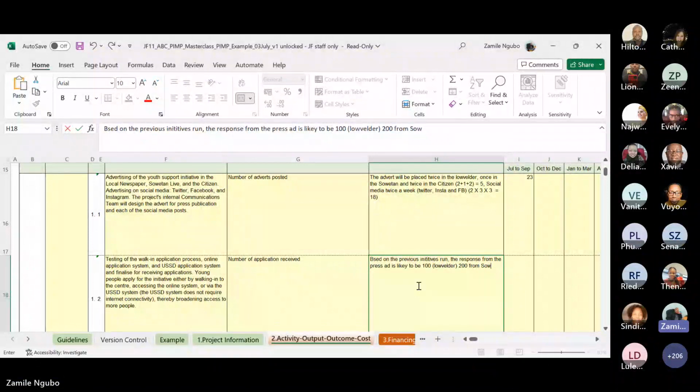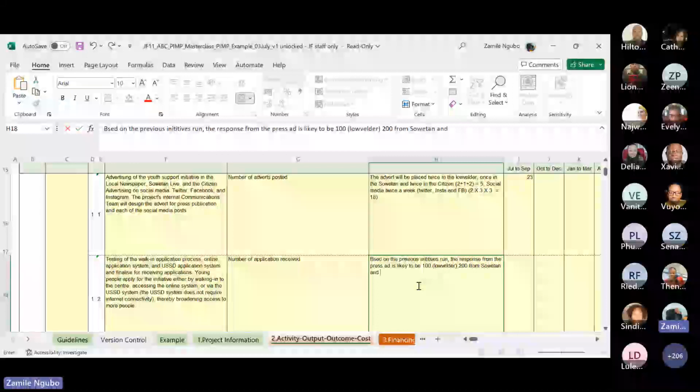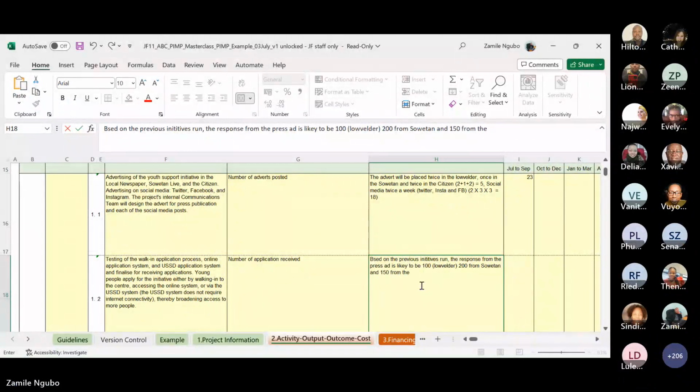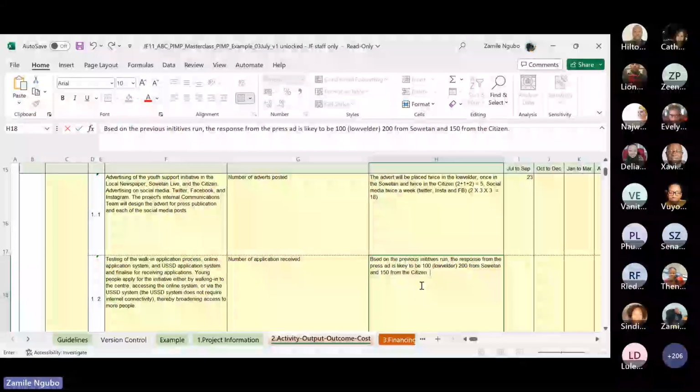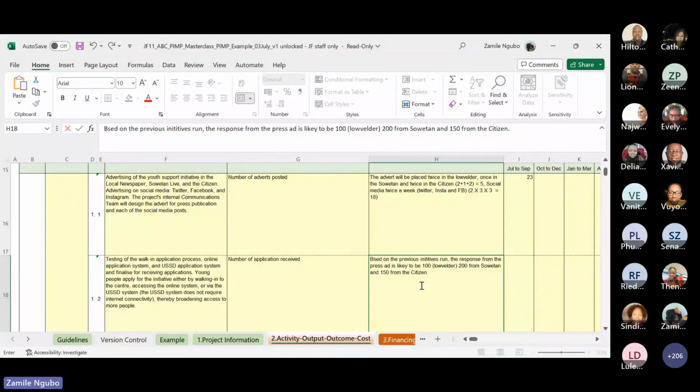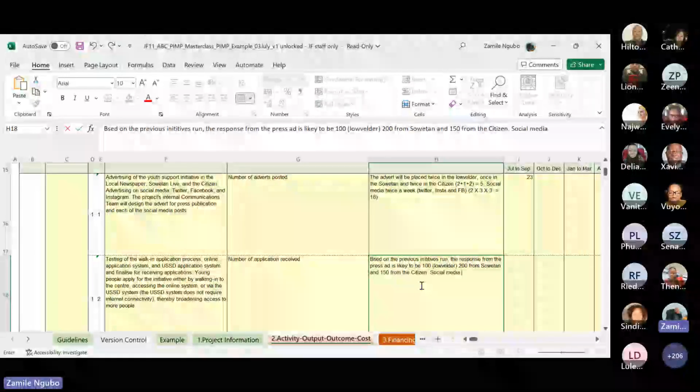So we are also assuming that the social media campaign is likely to reach 5,000 young people. So let's put social media reach 5,000 youth. And from that 5,000, only 300 will apply.